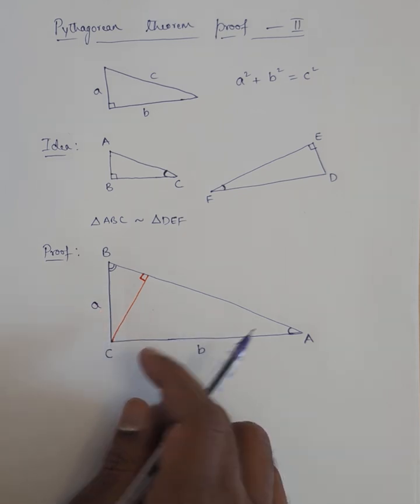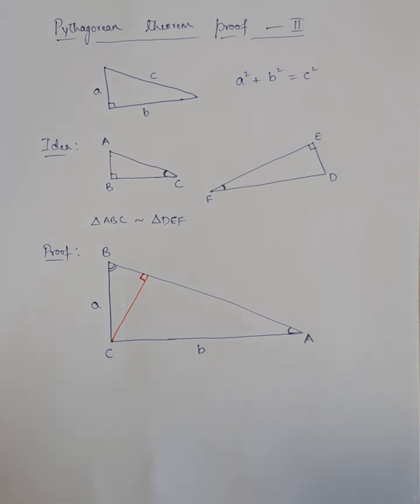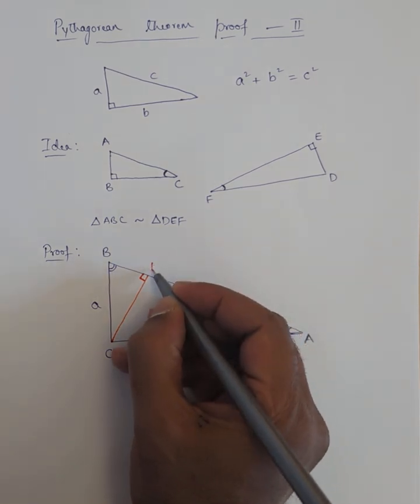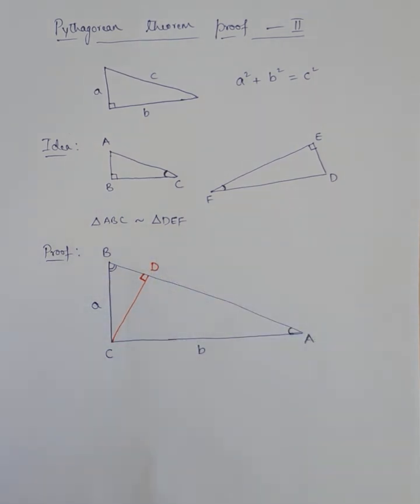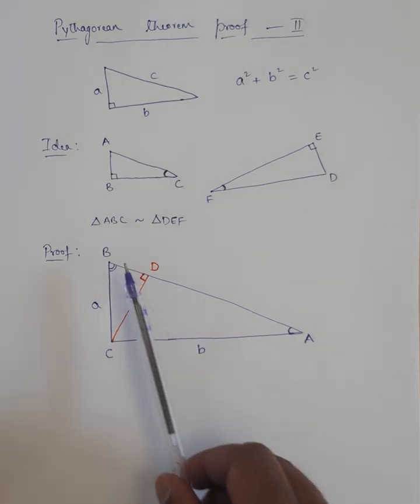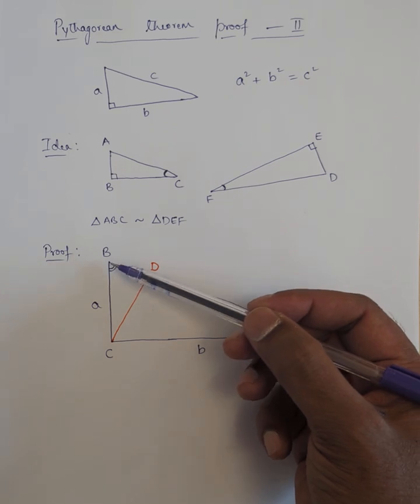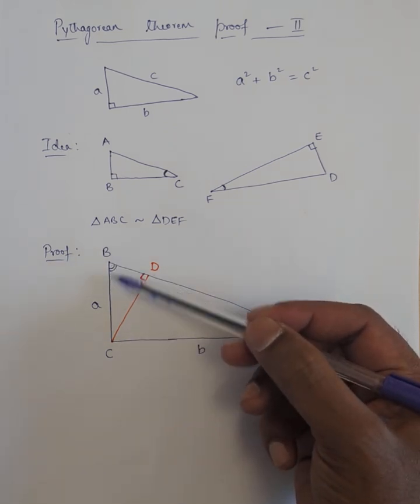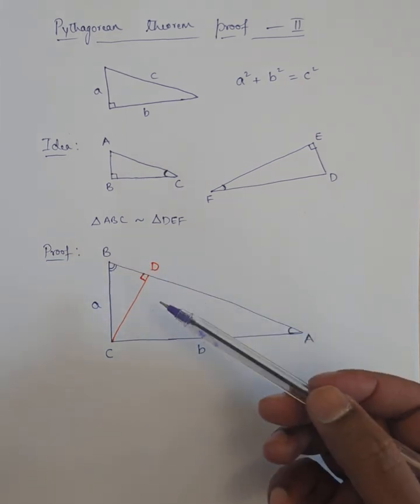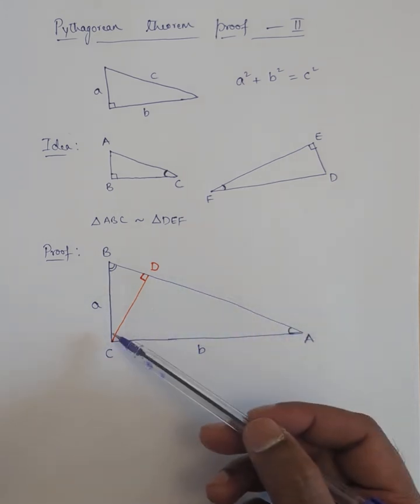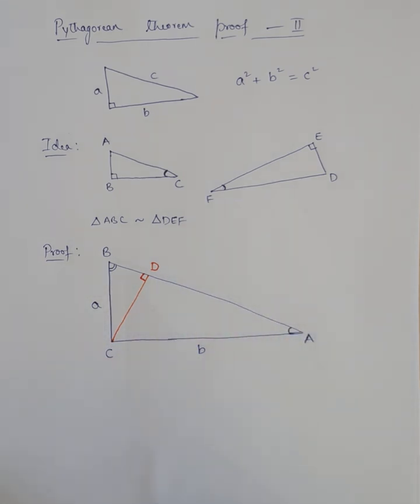And let's also label this point as D. So from one big right triangle, we actually obtained two smaller right triangles. BCD is a right triangle and CDA is another right triangle.